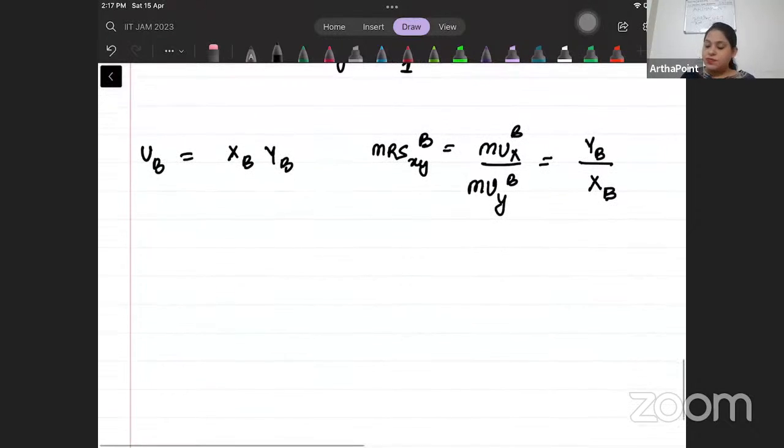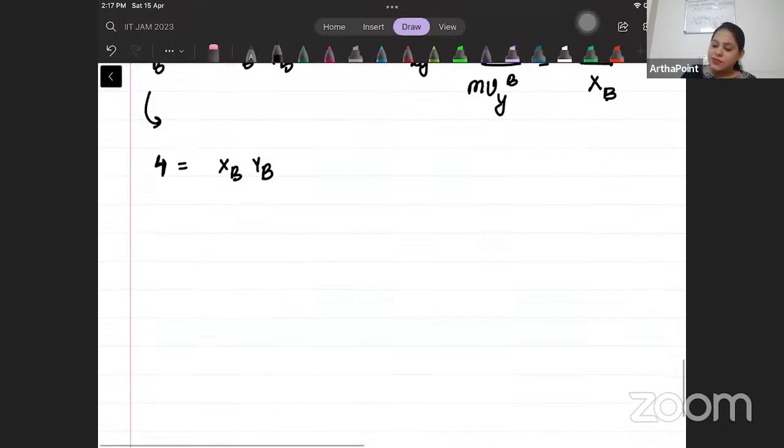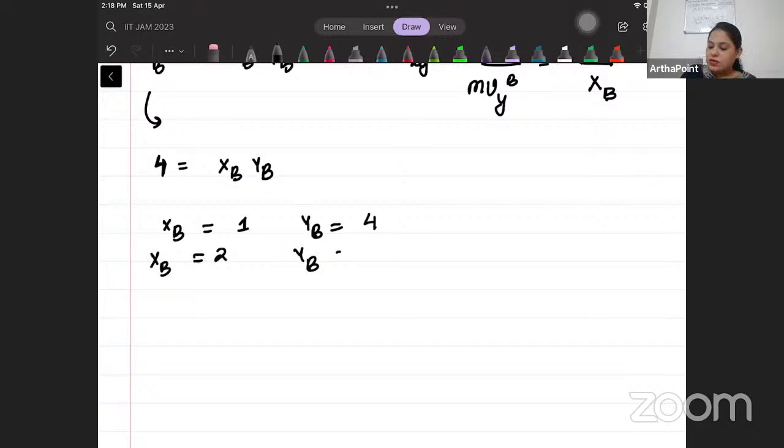Now just think about it. If I were to hold the utility of individual B constant, suppose at 4, what are the different combinations of X and Y that can give me 4? If X is 1, then 1 into 4 is 4. If X is 2, then 2 into 2 is 4.